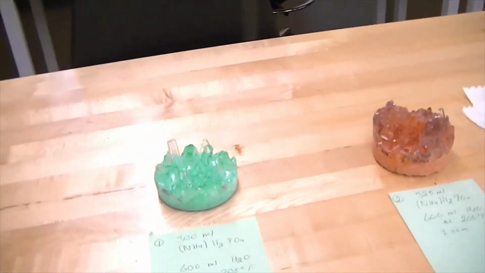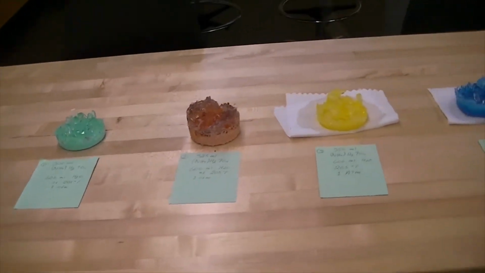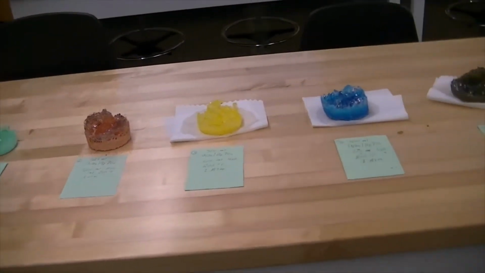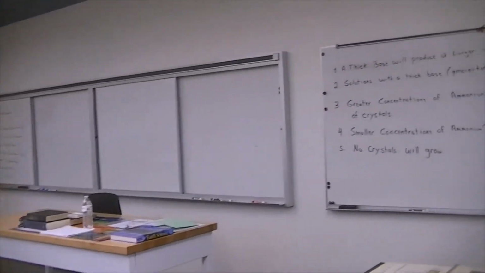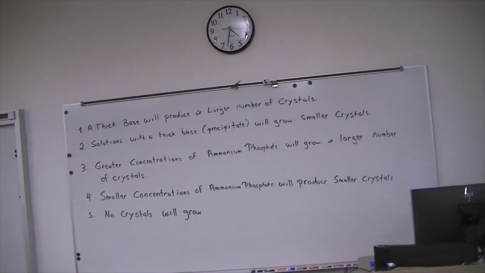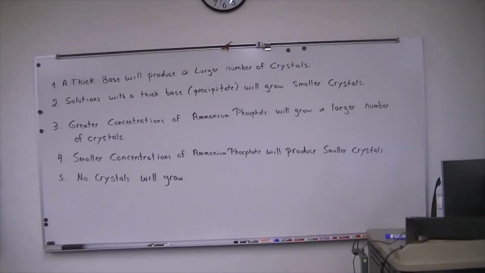So after looking at solutions 1 through 5 here, let's revisit this hypothesis. Greater concentrations of ammonium phosphate will grow a larger number of crystals. I think we can definitely accept that hypothesis.